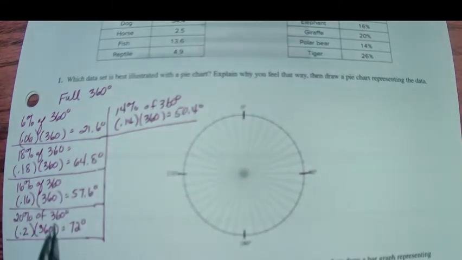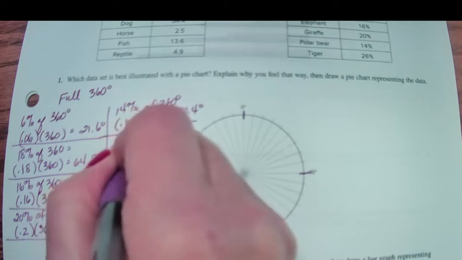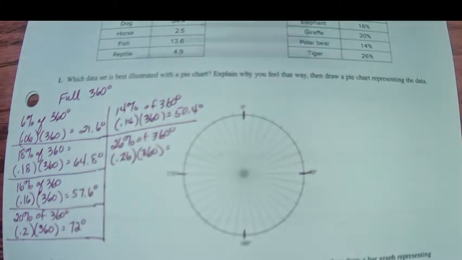And last, tigers. Tigers, 26% of 360. This is going to be the number of degrees for the tiger slice. 0.26 times 360. You'll be doing this on your calculator. I actually have it all calculated beforehand. It is 93.6 degrees.